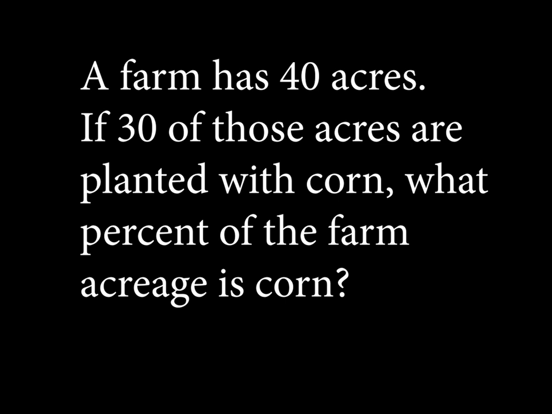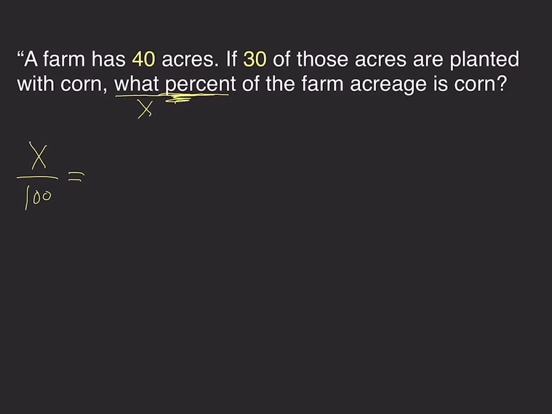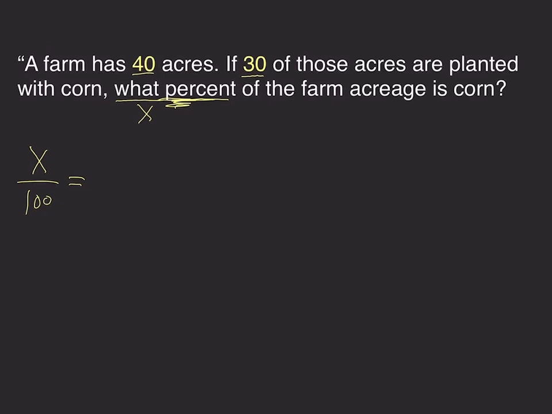A farm has 40 acres, and 30 of those acres are planted with corn. So looking at the numbers where we've got 30 of the acres out of 40, it's good if we reword this in our mind to think of the pattern we were using before. If I'm going to use is, let me think of is something out of something.